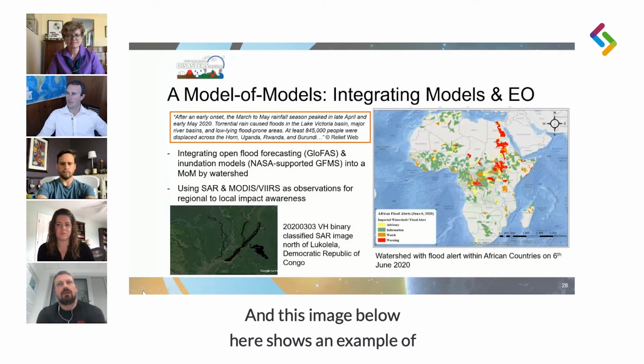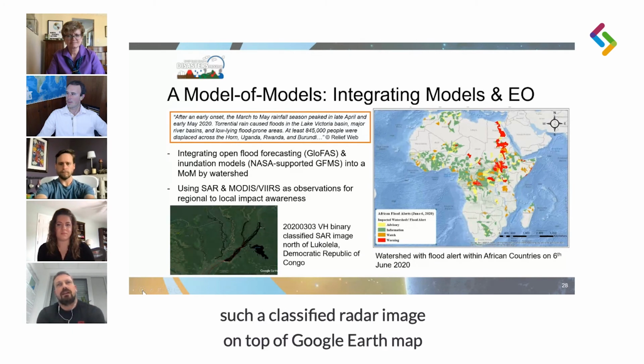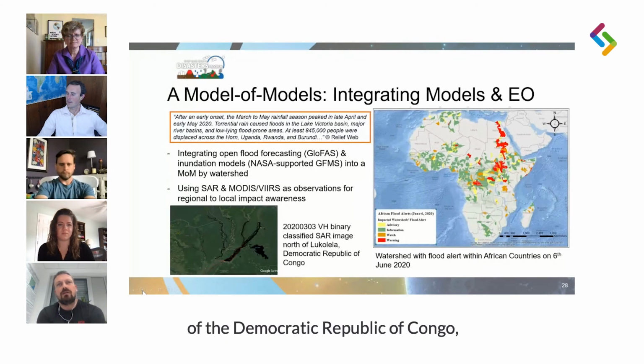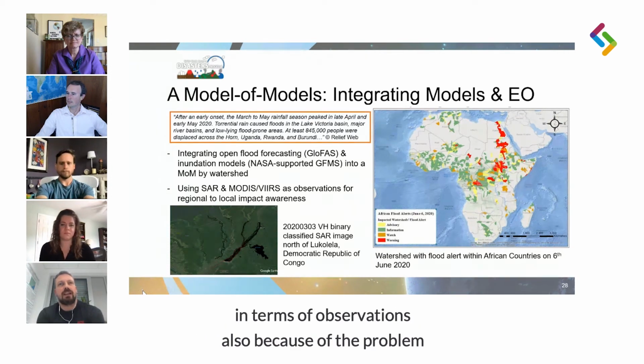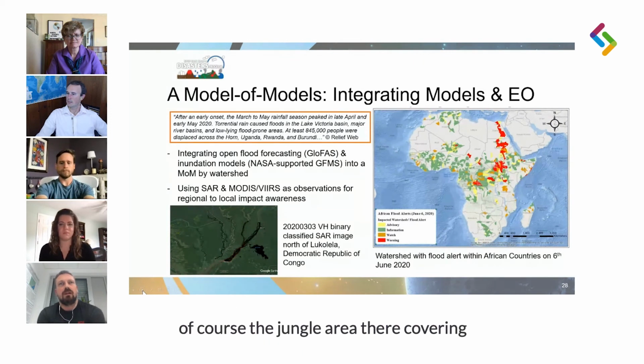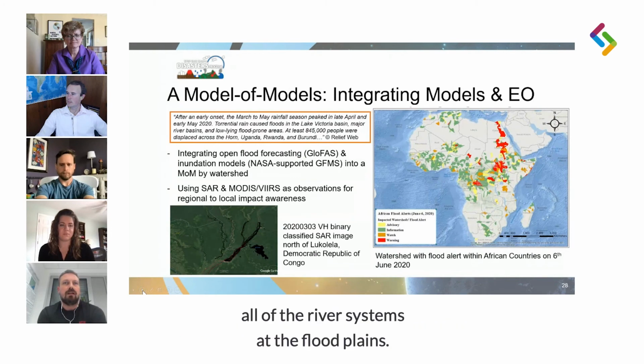And this image below here shows an example of such a classified radar image on top of a Google Earth map of the Democratic Republic of Congo, a country that's most often left a little bit behind in terms of observations, also because of the jungle area there, covering all of the river systems and the floodplains.